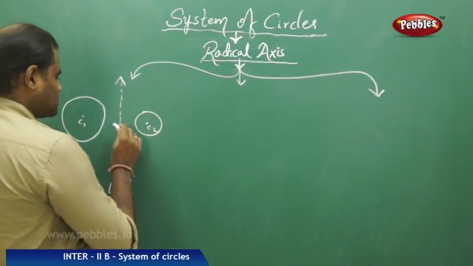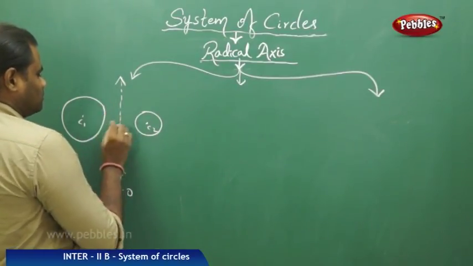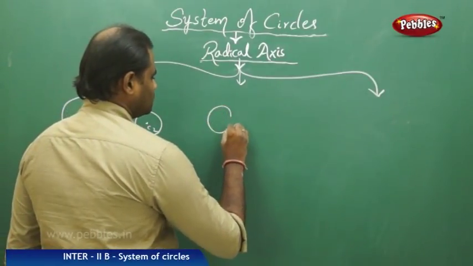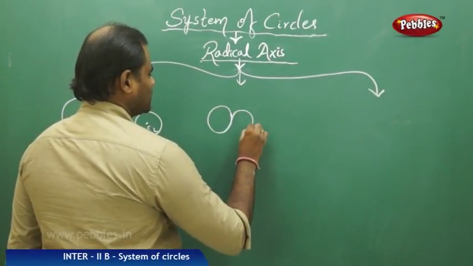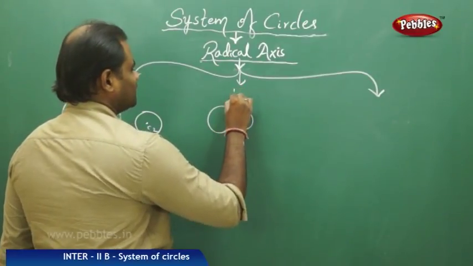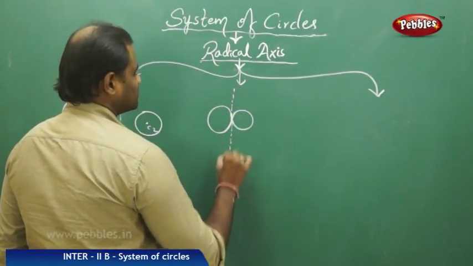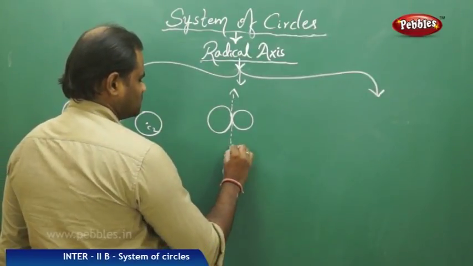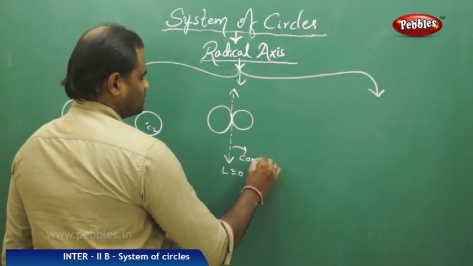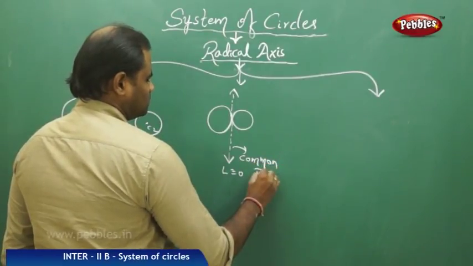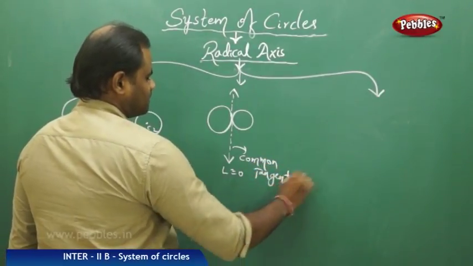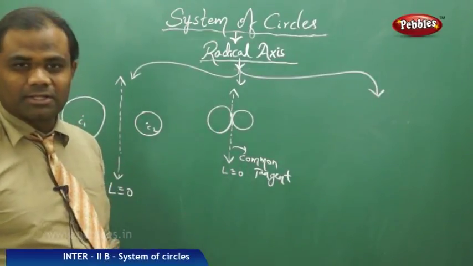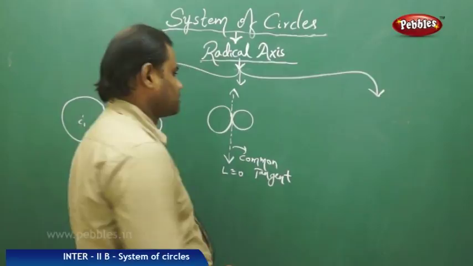If I have two touching circles, then the radical axis is nothing but a common tangent. So the radical axis of two touching circles is a common tangent.